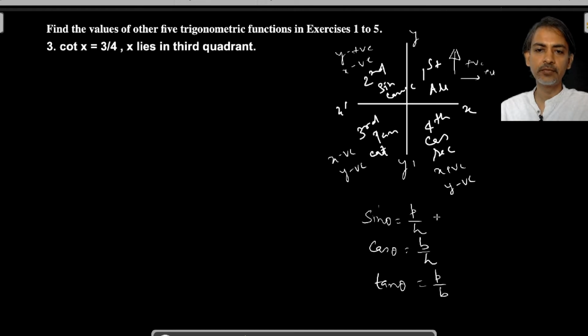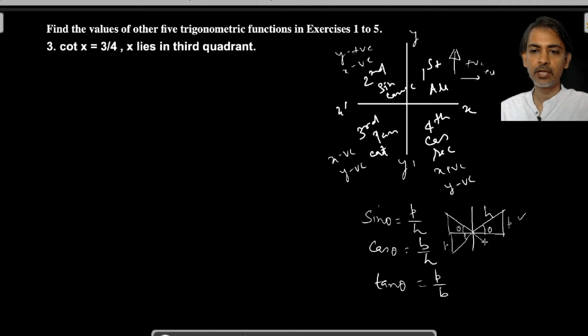If you create a figure like this, if this is your theta, this is your p, and this is your h, you know that p is positive in the first quadrant, p is as well positive in the second quadrant, but p would be negative in this quadrant, and similarly your b will be negative in this quadrant, and finally p would be negative but b would be positive in this quadrant.